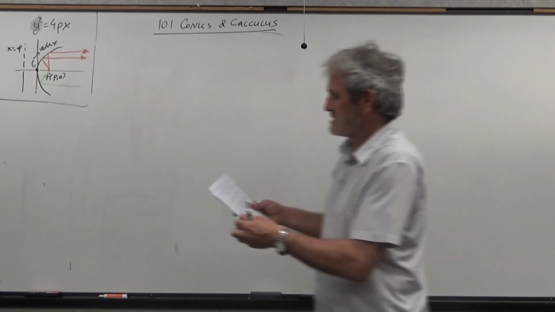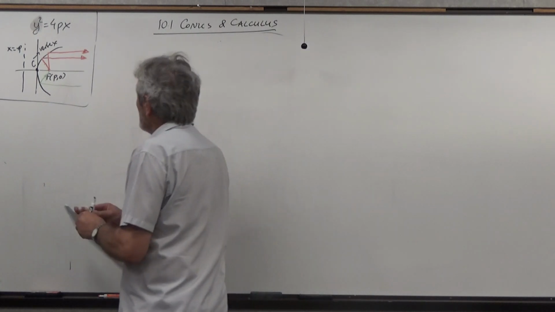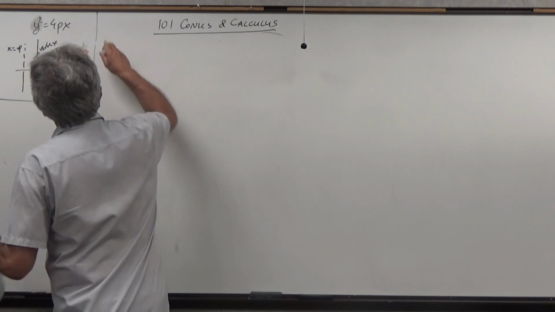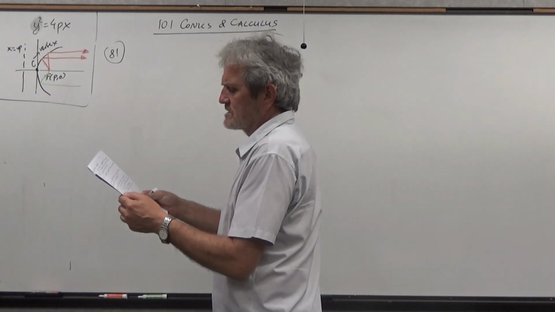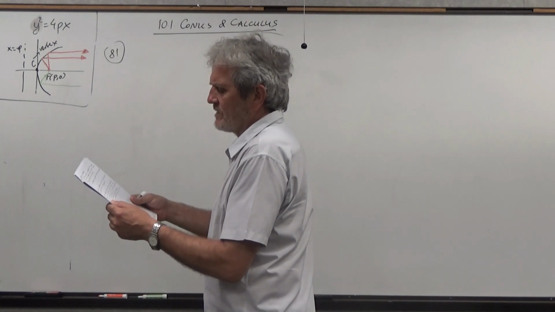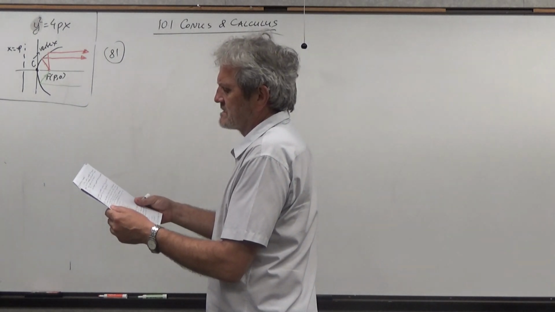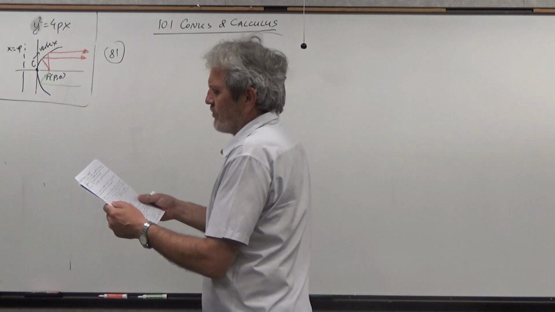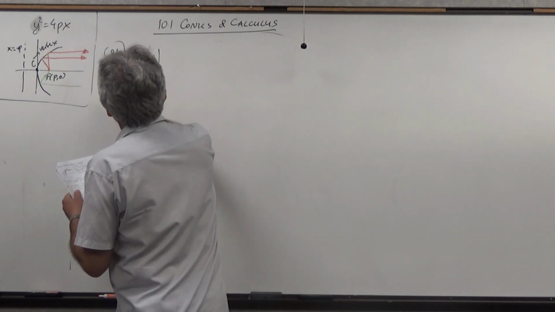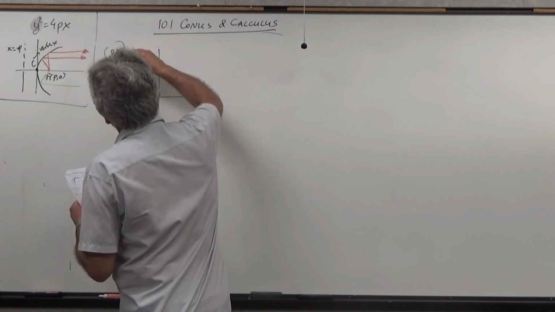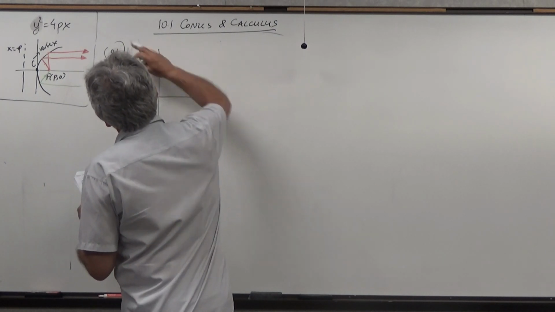And so here is the problem. Be aware of it. It's a solar collector for heating water. It is constructed with a sheet of stainless steel that is formed into the shape of a parabola. So let me draw the solar collector.